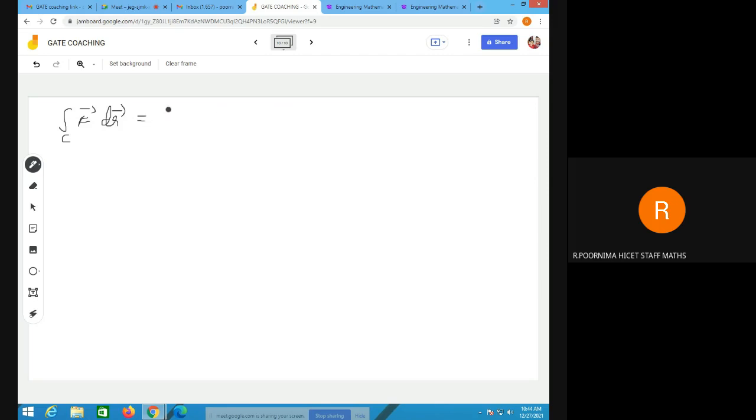Okay, so integral over C, F bar can be written as 2xy into i vector plus y square into j vector plus z into k vector, into dr bar, that is dx into i vector plus dy into j vector plus dz into k vector.